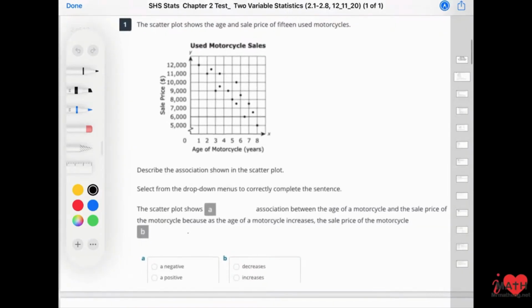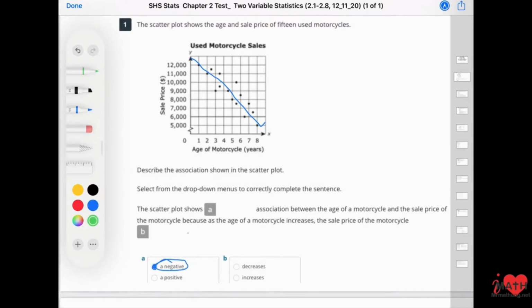The scatter plot shows the age and sale price of 15 used motorcycles. Describe the association in the scatter plot. Yours was a drop down, but I'll just be writing it here. The scatter plot shows, well, if I look at this line here, that would be negative.